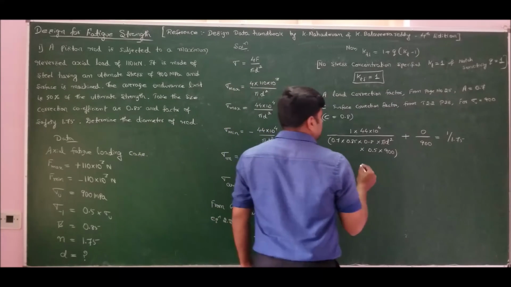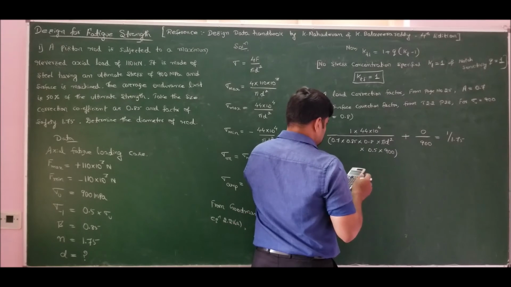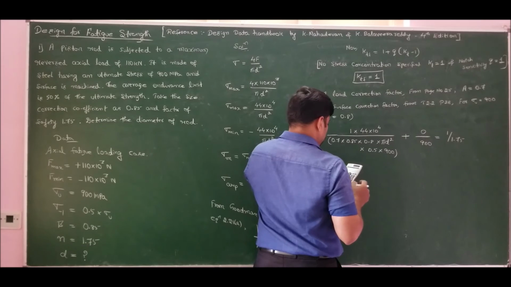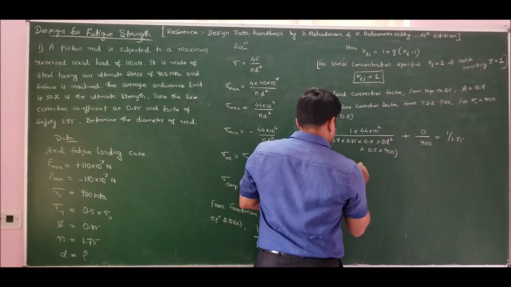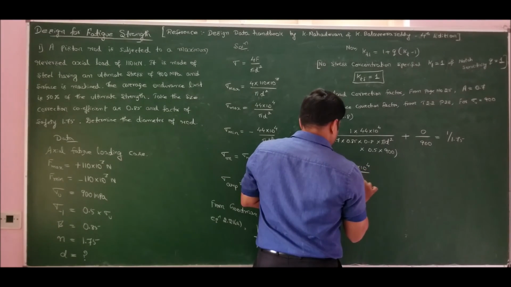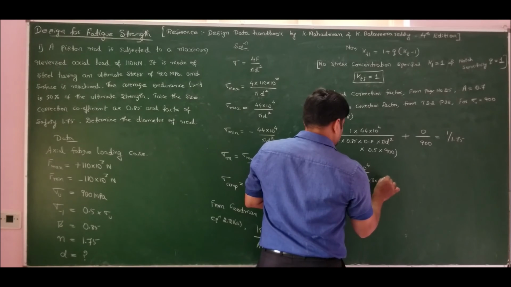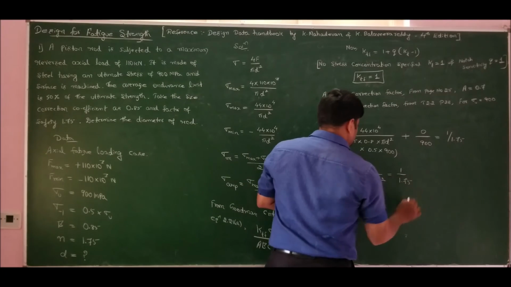So if I solve it, I'll get the diameter. 0.7 into 0.85 into 0.8 into 0.5 into 900 gives us the value 214.2. So it is 44 into 10 to the power of 4 divided by 214.2 into pi into d square is equal to 1 by 1.75.